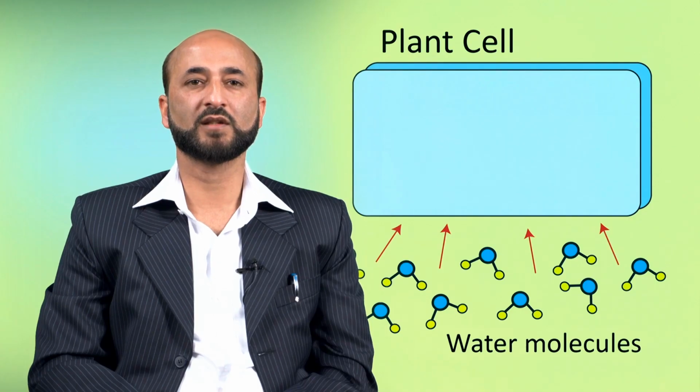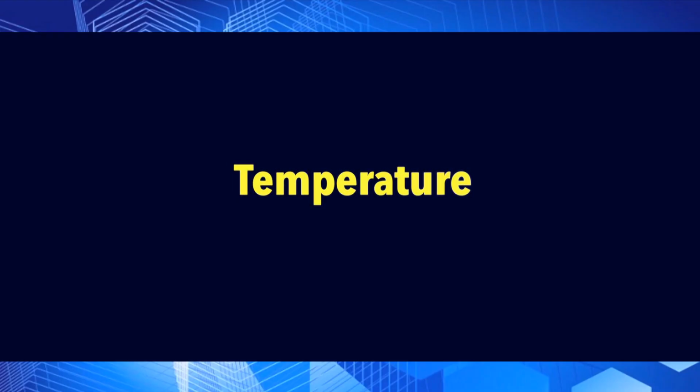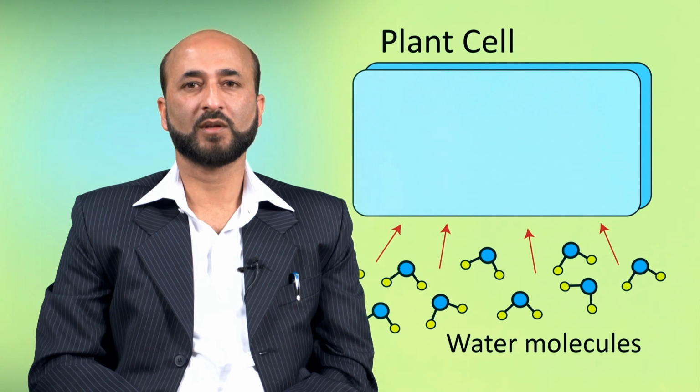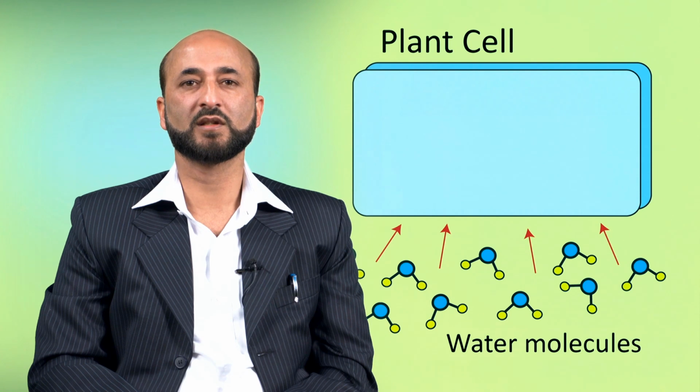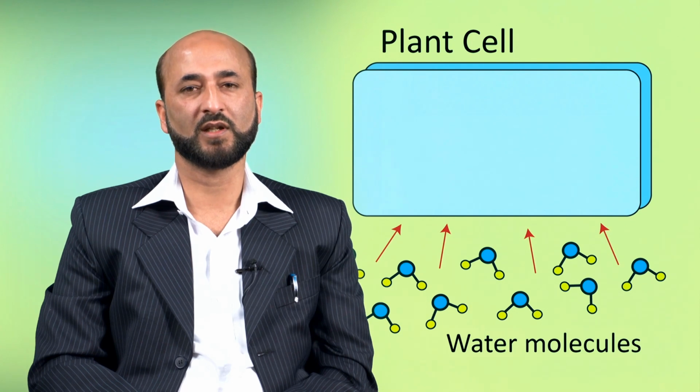The next factor is temperature. Chemical potential or water potential also increases with increase in temperature because of the thermal agitation of molecules. But the effect of temperature is usually ignored because the temperature is assumed to be constant in a system.